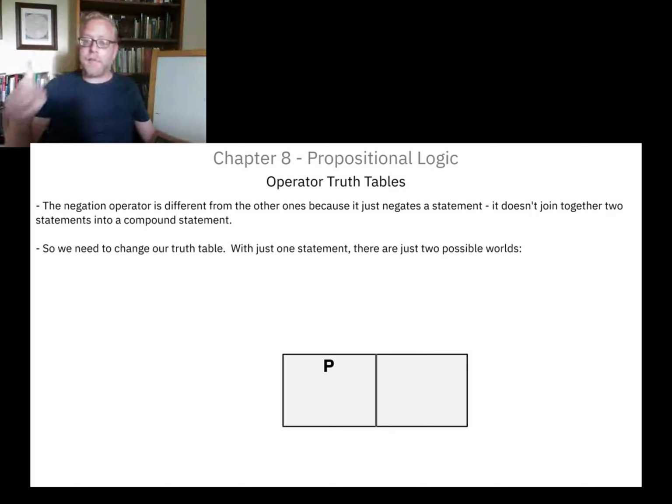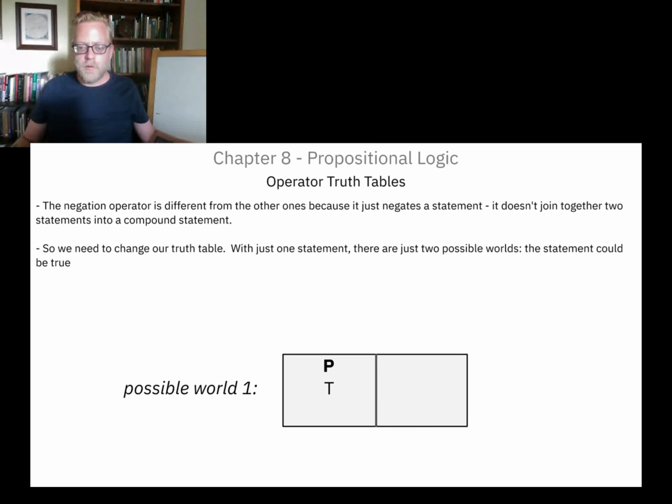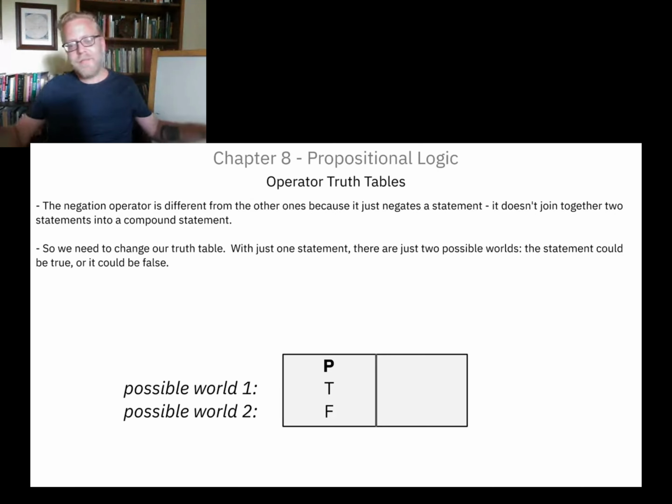And when you have one statement, there's just two possible worlds. Maybe the statement is true. Possible world 2, maybe the statement is false. It's 4 when you have two statements. And every time you add a statement, it doubles, by the way. So if you have one statement, there's two possible worlds.